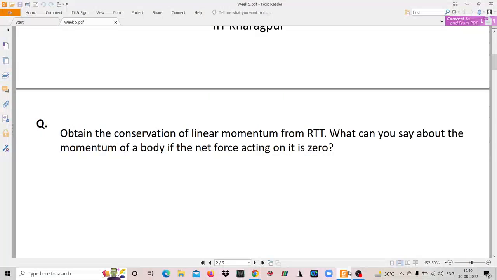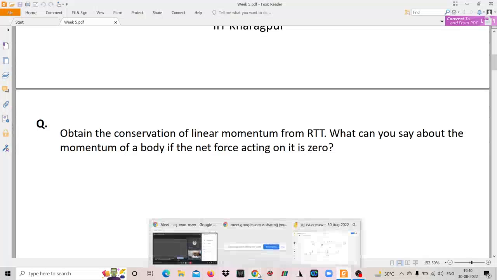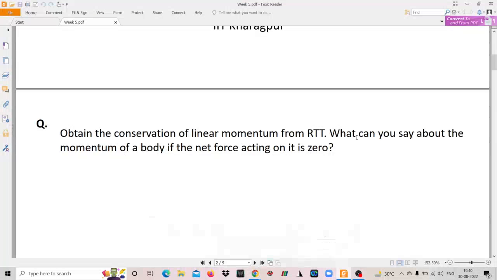Now what about the second part? What can you say about the momentum of a body if the net force acting on the body is zero? Can you answer this?